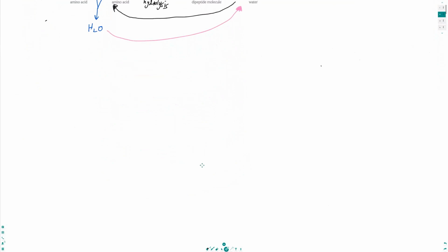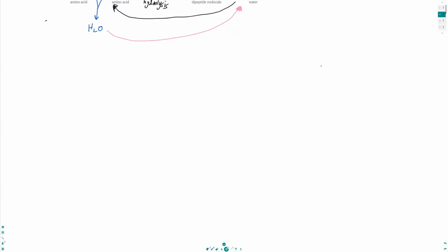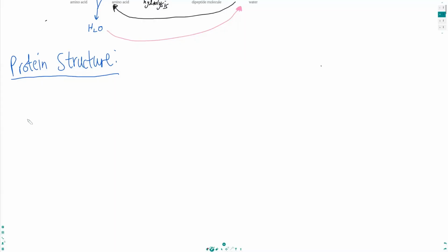So let's get started. Protein structure. We have four levels of protein structure, the first one being the primary structure.